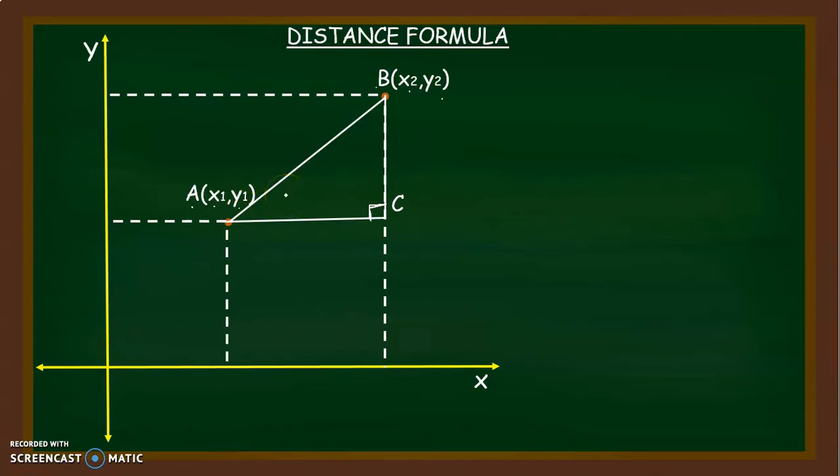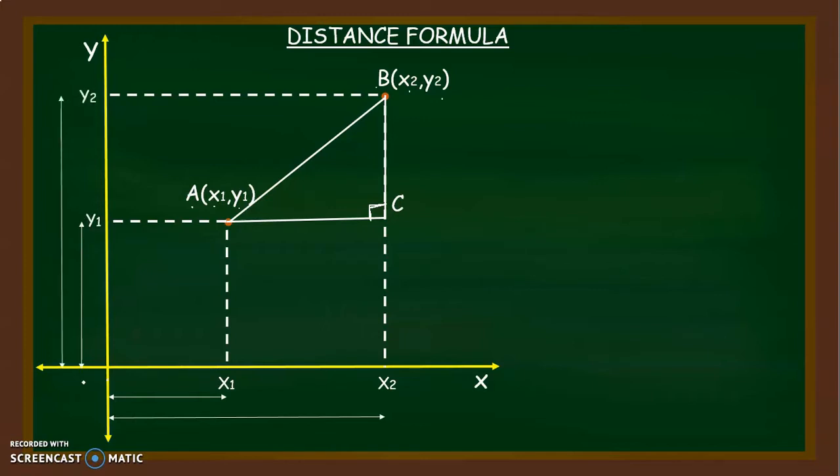Now if you see this distance, this is the distance of point A on the x-axis, and this distance is x1, and in the same way the distance of point B on the x-axis will be x2. And in the same way on the y-axis, the distance of point A will be y1, and the distance of point B on the y-axis will be y2.